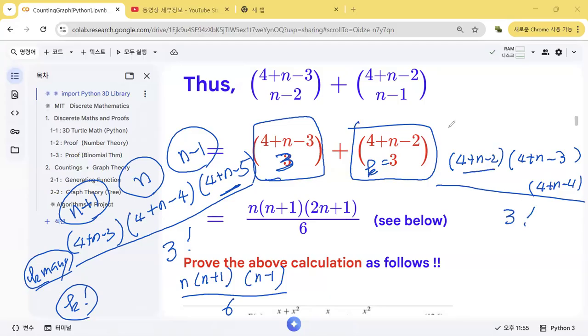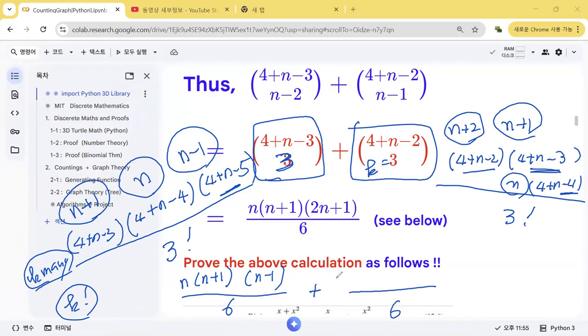And this one is n plus 2. And this one is n plus 1. And this is just n. Okay. So this one is over 6: n, n plus 1, or n plus 2.